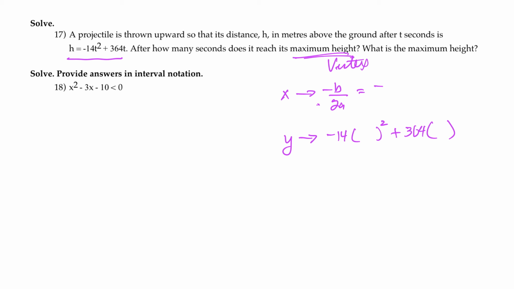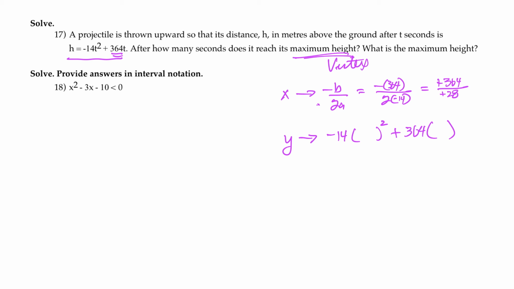Okay, so let's do this. Minus b all over 2 times a. So, what's b? B is this number, so 364. And then a is negative 14. So I'm going to get negative 364 over negative 28. So the negatives will cancel. And now just 364 divided by 28.